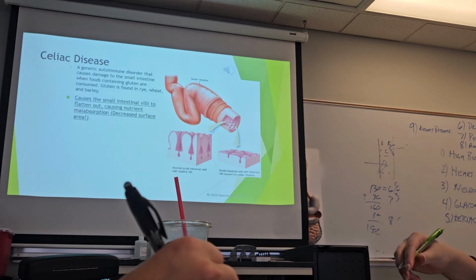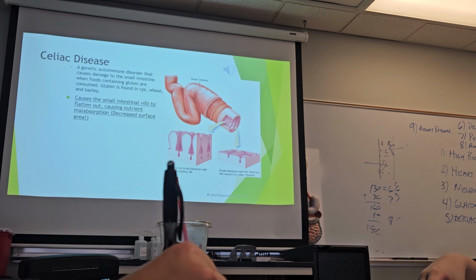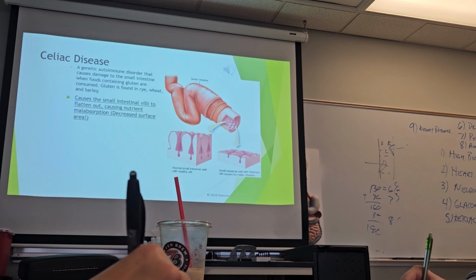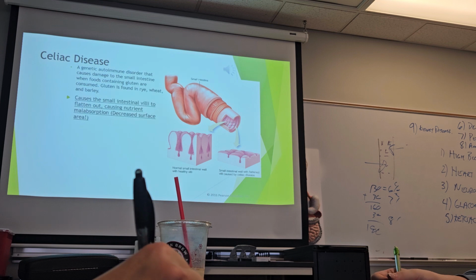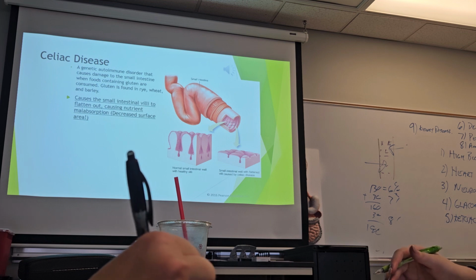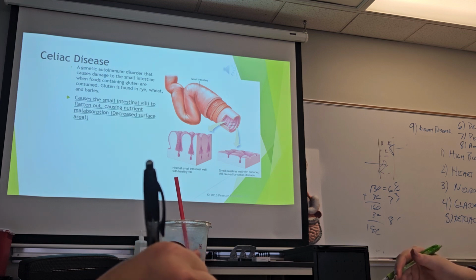Is it an accurate measurement? Why not? It doesn't account for muscle mass. Doesn't account for really tall people or really short people. So if you're a weightlifter, it won't account for that. And if you're really tall or really short, it won't account for that.